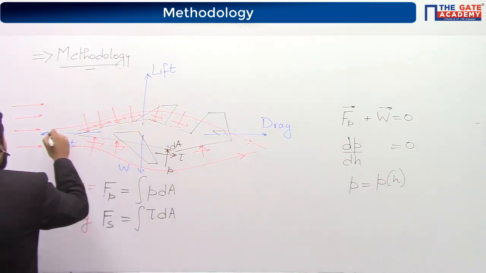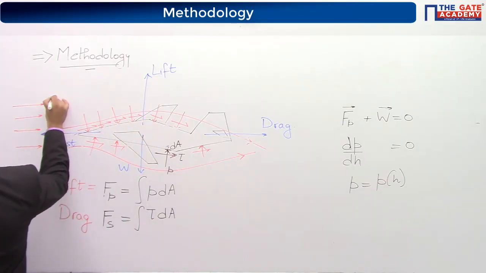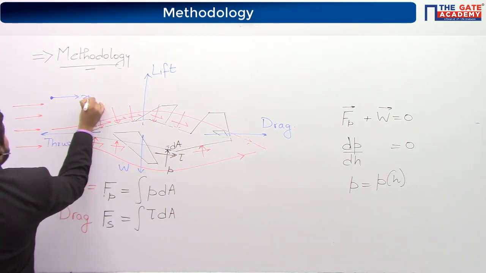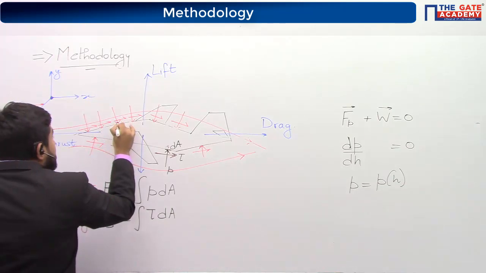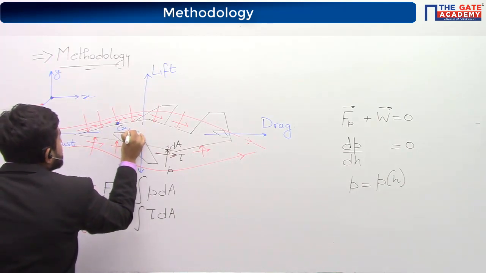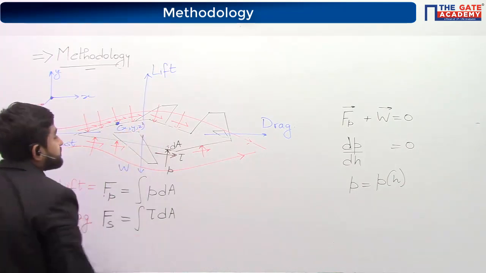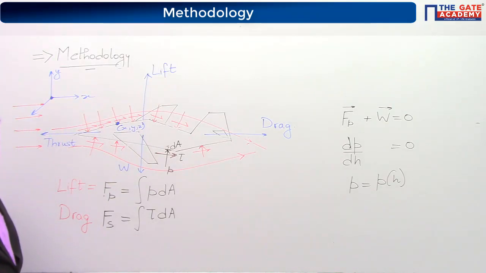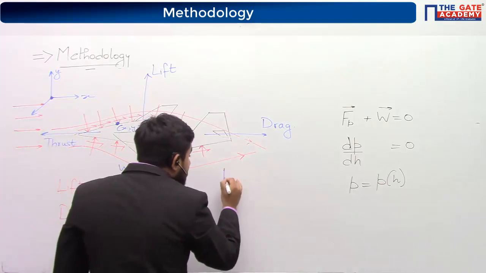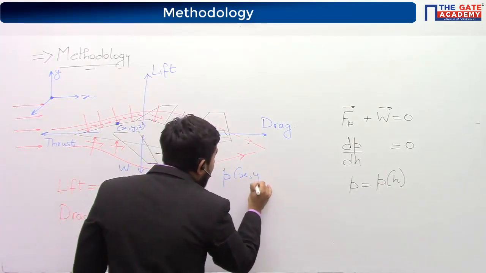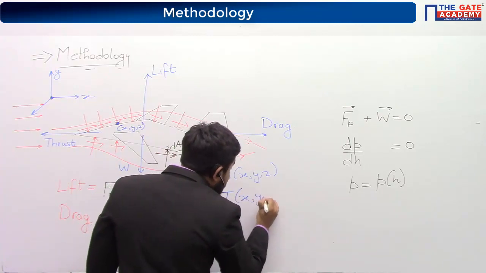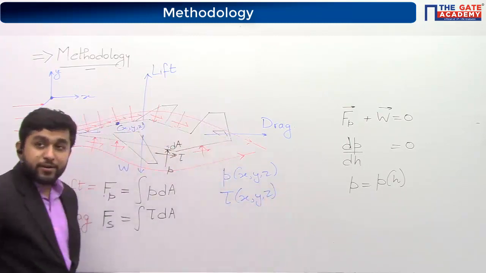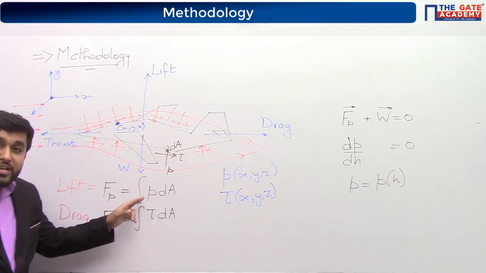So basically what you want to do is, you will use a coordinate system, let us say X, Y and Z. So this point will have some coordinates X, Y, Z. Point on the aeroplane. So you want to find out what is pressure at X, Y, Z. You want to find out what is shear stress at X, Y, Z. Then only you will be able to do this integration.